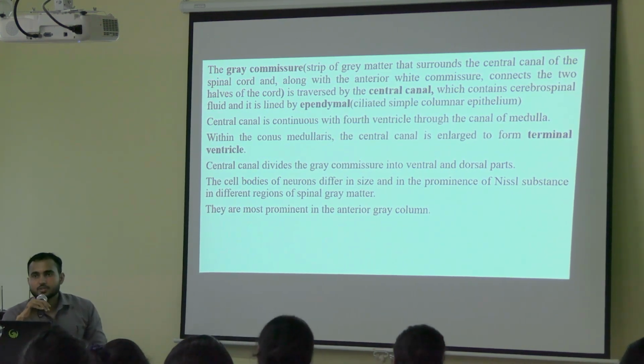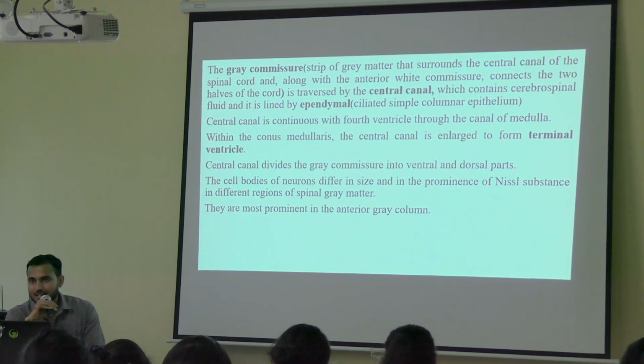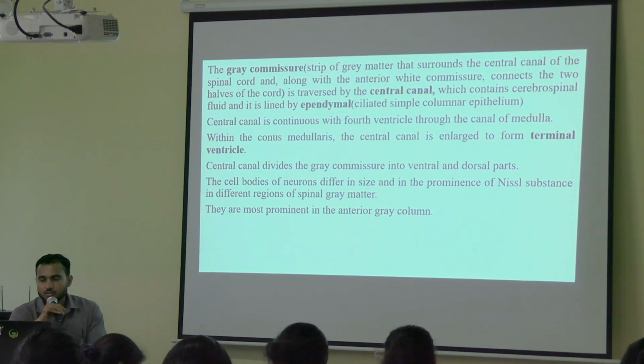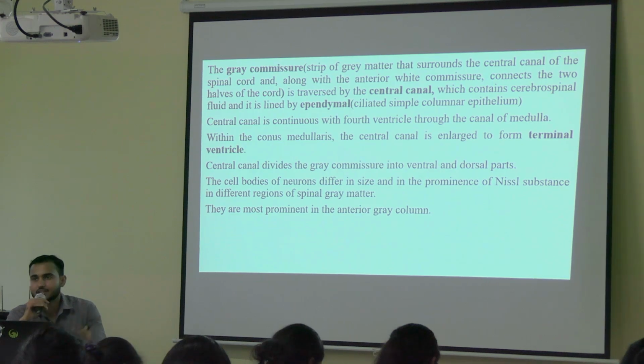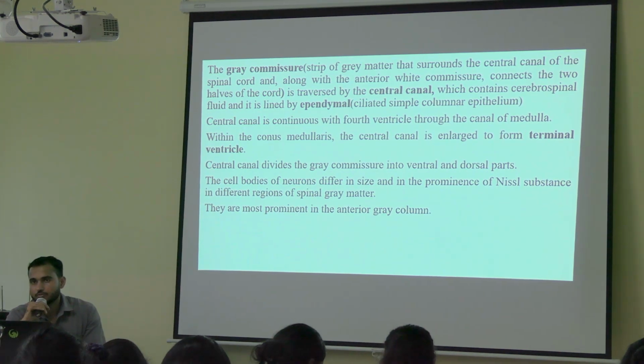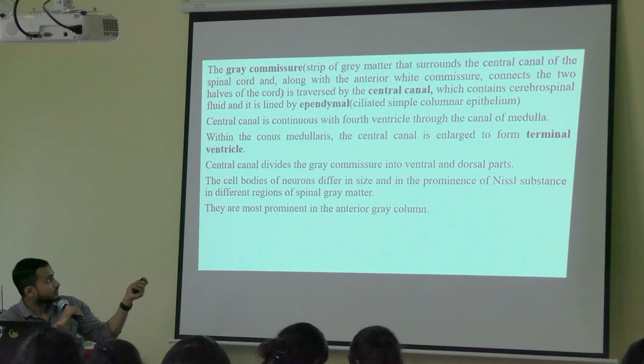Next, within the conus medullaris, the central canal is enlarged to form the terminal ventricle. Because here the spinal cord terminates, the size of the central canal enlarges to form a ventricle that is called the terminal ventricle.